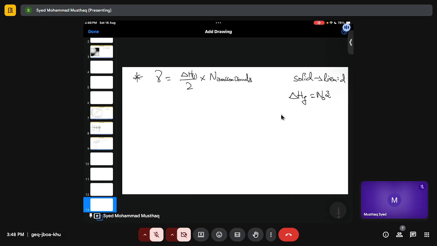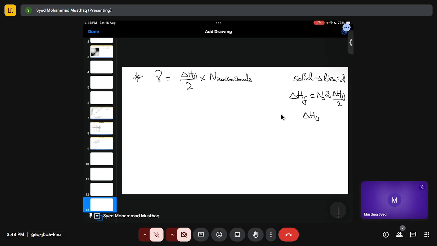Coordination number is nothing but how many bonds each atom is forming, okay, times the bond energy of each bond. That's it, right? Or you can take it as divided by 2, because if you are talking about each atom, then that is divided by 2.